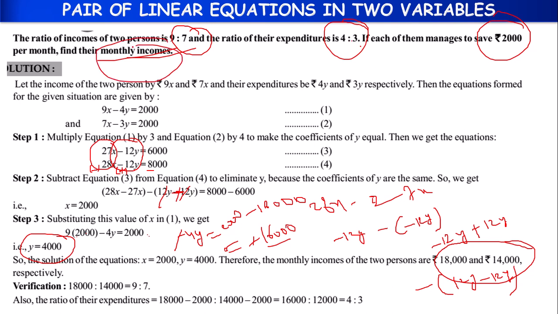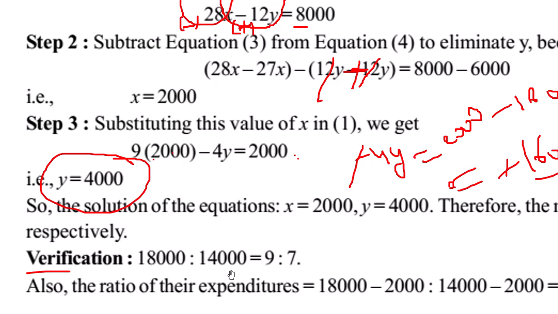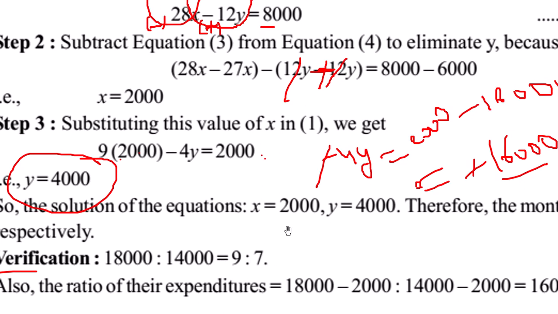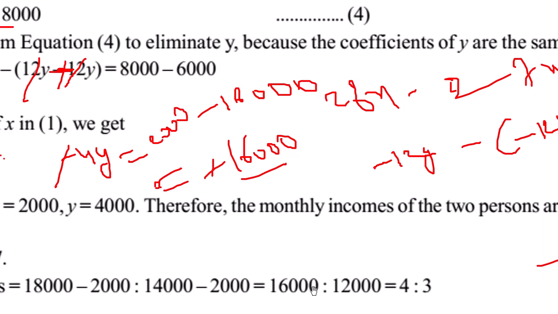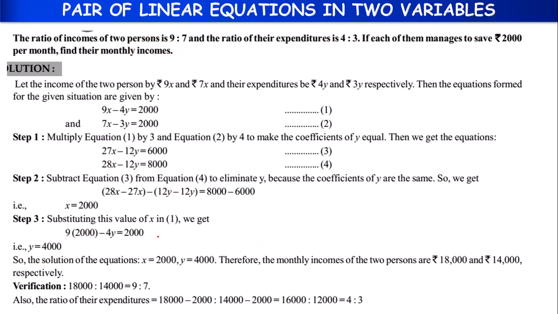But they have asked about incomes, so 18,000 and 14,000. In verification, the ratio of incomes, 3 zeros get cancelled, 18 to 14 is 9:7. For expenditures, income 18,000, 14,000 minus savings 2,000, 2,000 gives expenditures 16,000, 12,000, which is 4:3. So the solutions are verified.